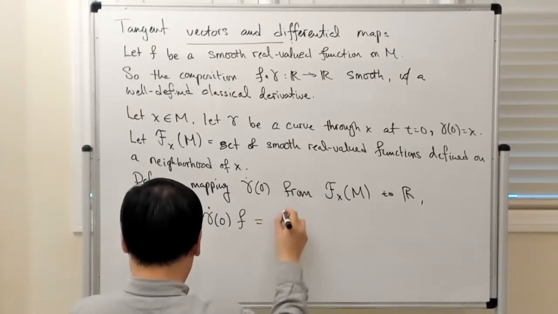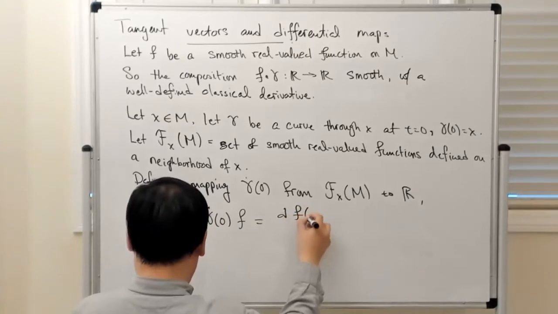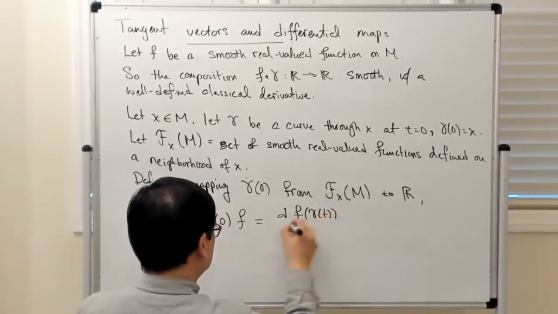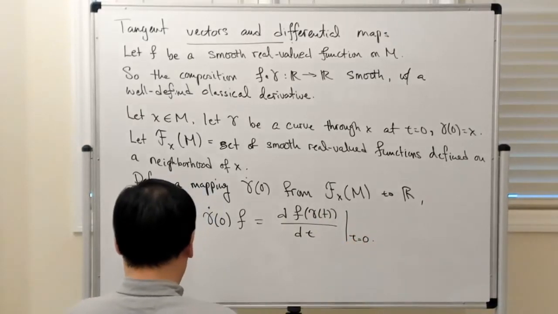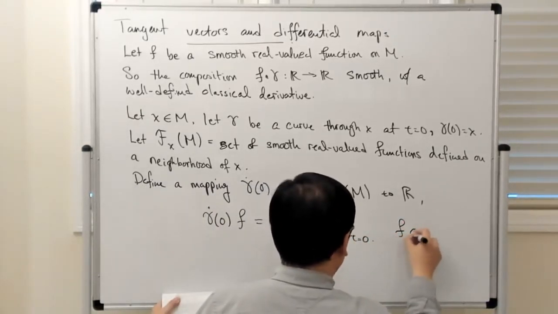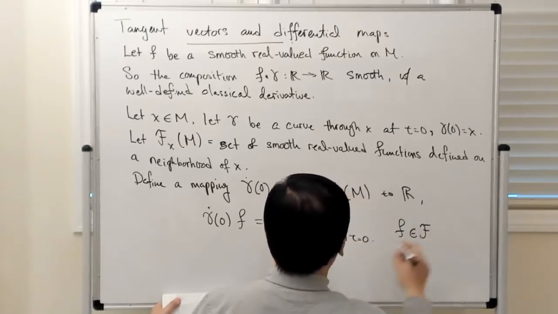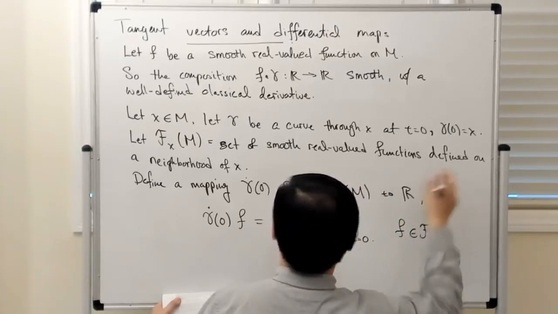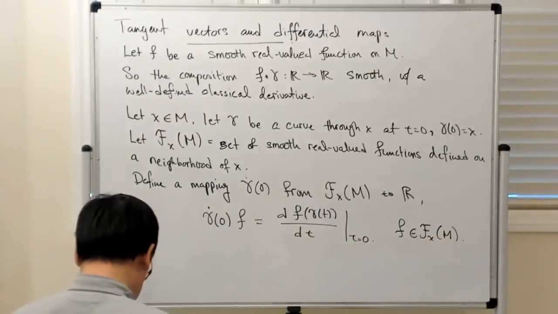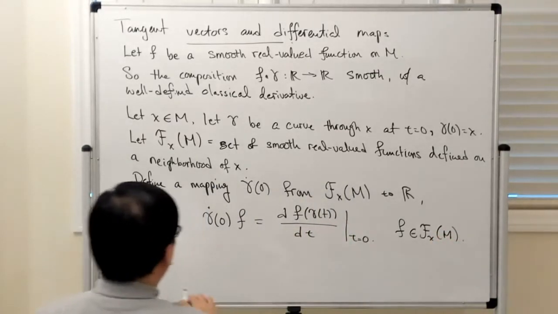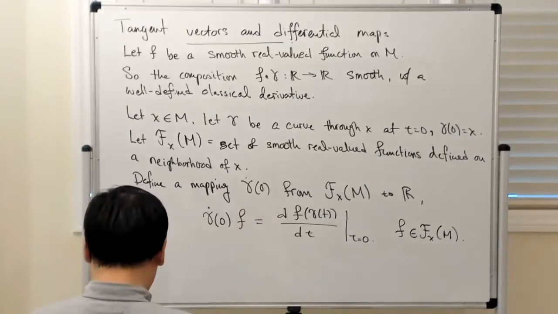This is equal to the derivative of f of gamma of t with respect to t, evaluated at t equals 0, for all f in this space of smooth real valued functions in some neighborhood of x. I'm going to claim that this mapping is the tangent vector.